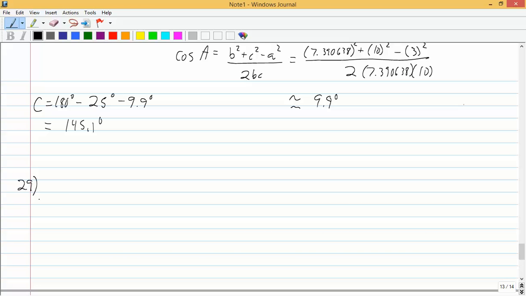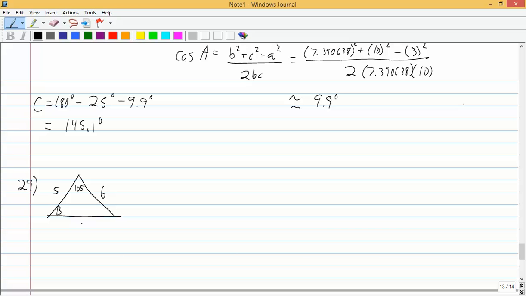Number 29. We have a triangle where this side is 5. This angle measure up here is 105 degrees. This is 6.